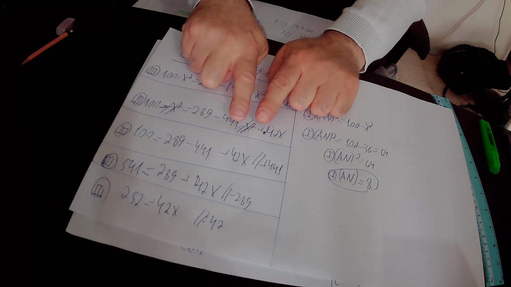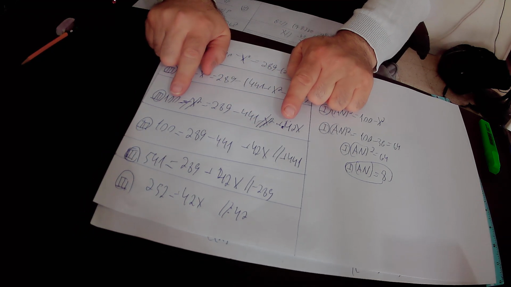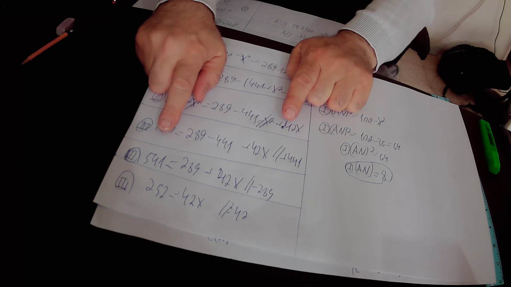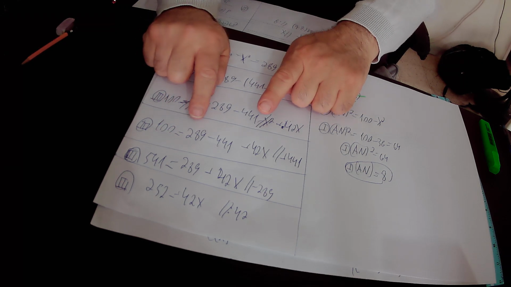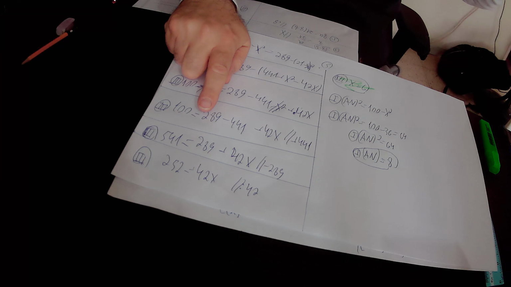Here we added 441 to equation 3, and found that 441 plus 100 equals 541, and it equals 289 plus 42x. So according to equation 3, 541 equals 289 plus 42x.